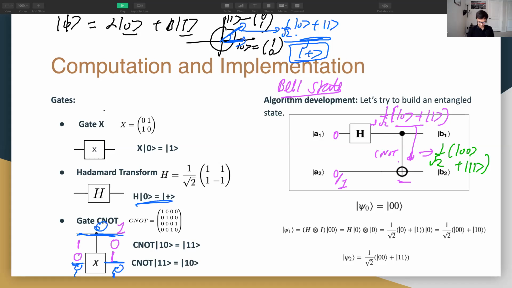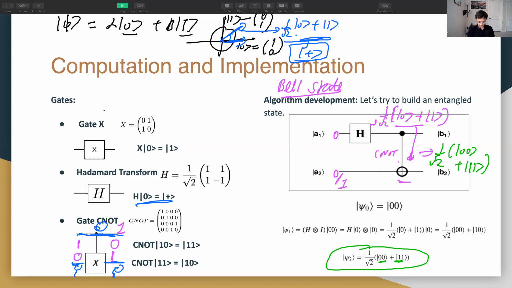And as we know, it is the same as this wave function. This is an entangled state where if my first qubit is 0, then the state of my second qubit will be 0. And if my first qubit is 1, my second qubit will be 1. The probability of the first being 0 and the second being 1 is 0. And the probability that my first qubit is 1 and my second qubit is 0 is also 0.